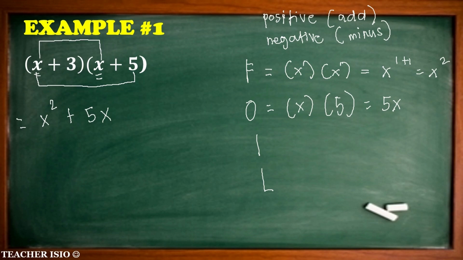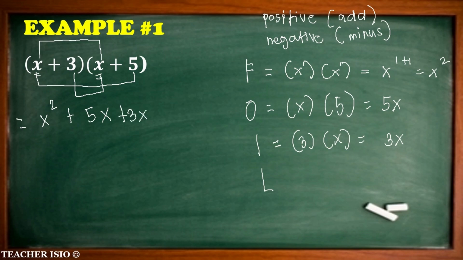Let's continue. We have now the inner. So, yung inner, lagi niyong tatandaan, siya yung laging nasa gitna. Okay? So, we have now 3 times x. So, the answer is 3x. Since positive to, we have plus 3x.